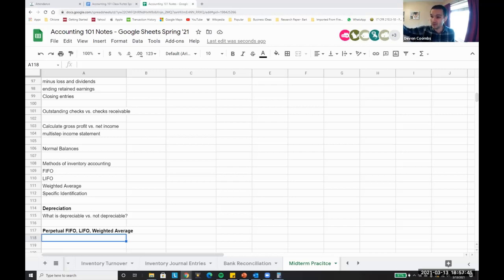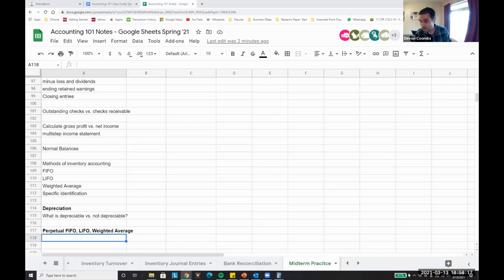I want you to calculate when a note matures. So if I tell you that a 90-day note is issued on April 10th, you got to tell me when it comes due. Count the days in the month. We just went over that. Accounting equation impact, the definition of cost of sales versus inventory, understanding the matching principle.